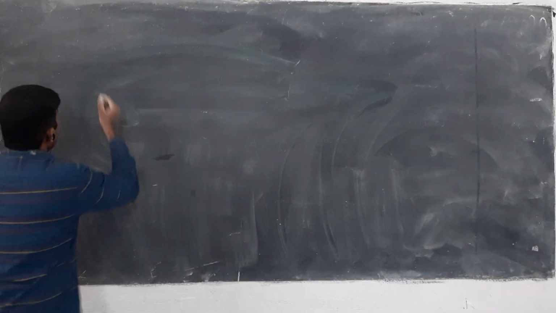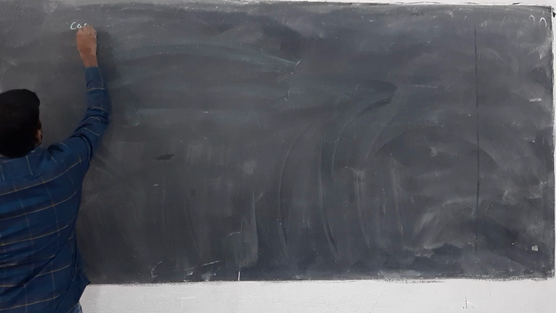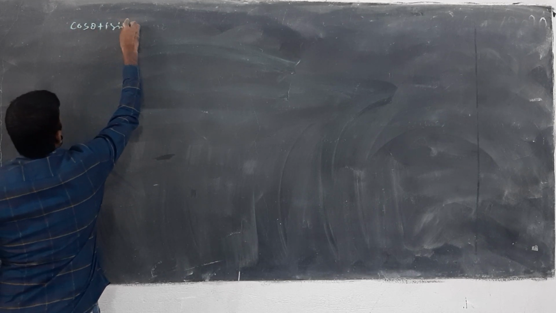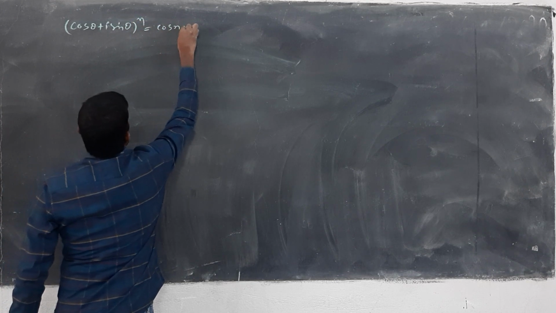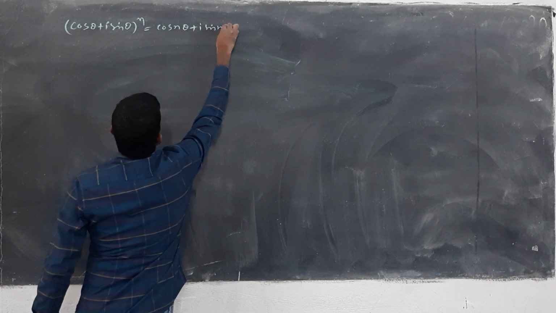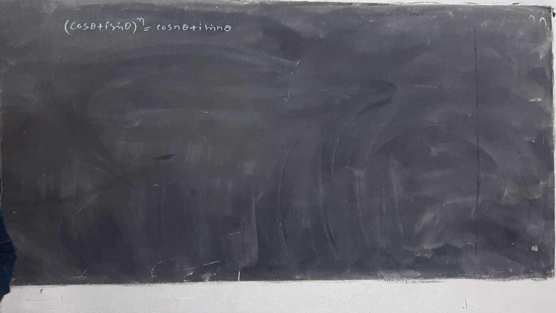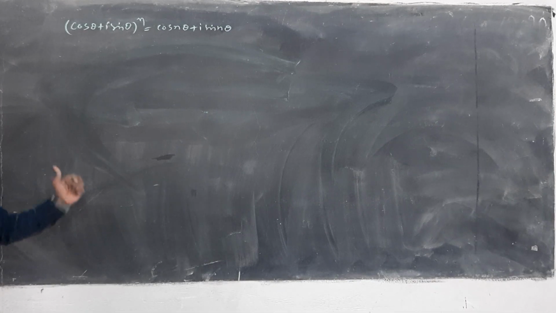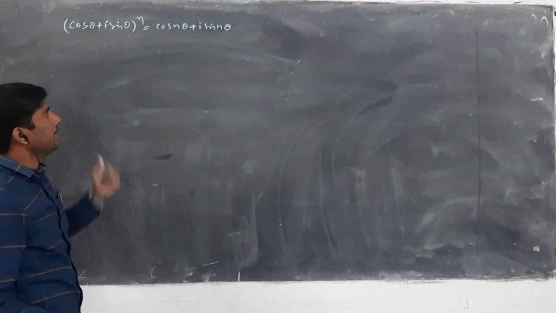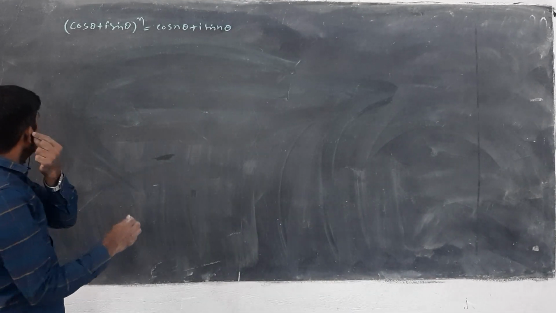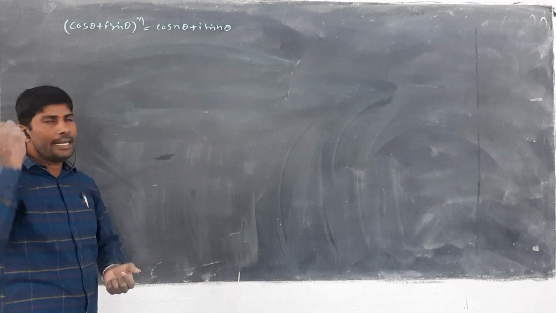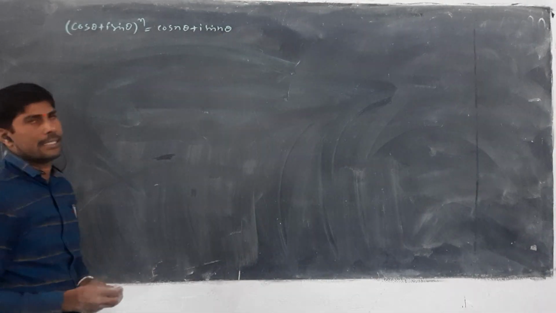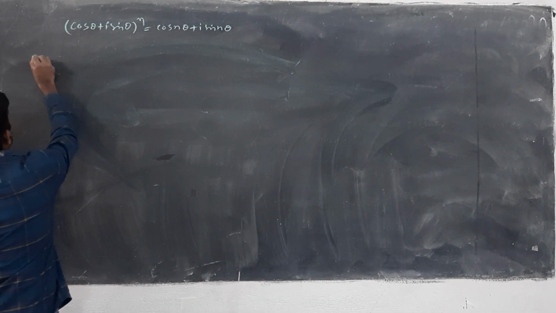Our statement is cos theta plus i sin theta whole power of n is equal to cos n theta plus i sin n theta, De Moivre's theorem for integral index.